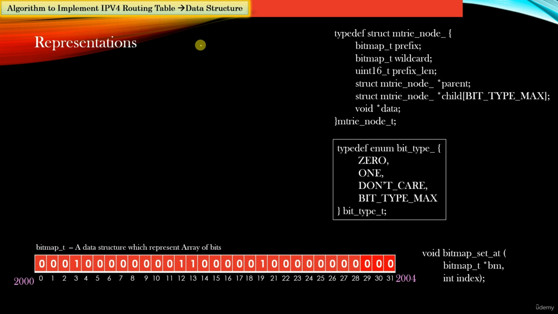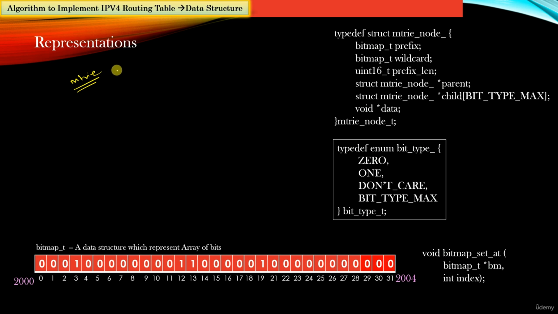And finally, we need to discuss how to represent the root of the mtry. As I said, mtry is a tree and every tree has a root. In our case, our mtry data structure has a root which is actually a special node in the mtry and differs from the rest of the nodes.